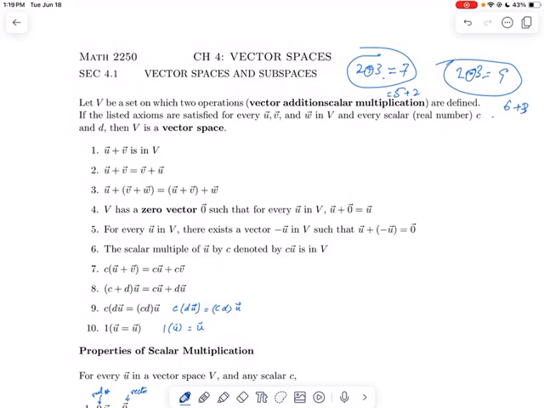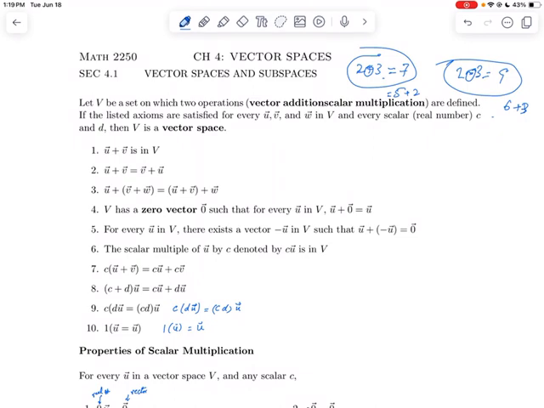So u, v, and w are some vectors in the set V, and then we have some scalars, which by scalar we mean real numbers. We're calling them c and d. You can call them r and t, or s and t, a, b, any scalars. So the name doesn't matter here.